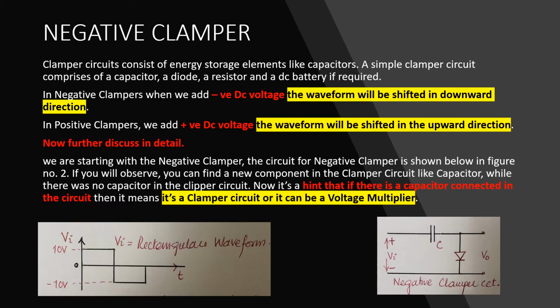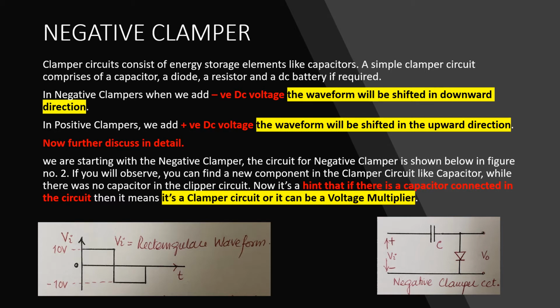Now let's see negative clampers. Clamper circuits consist of energy storage elements like capacitors. A simple clamper circuit comprises a capacitor, a diode, a resistor, and a DC battery if required. But in the circuit given below in figure number 2, we use only a capacitor and a diode.